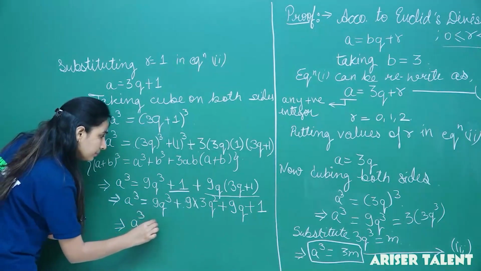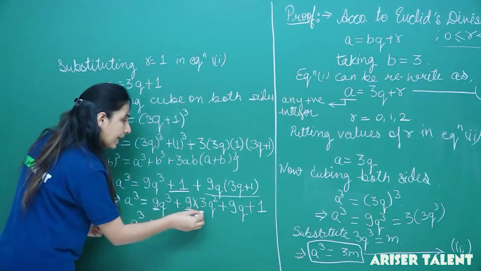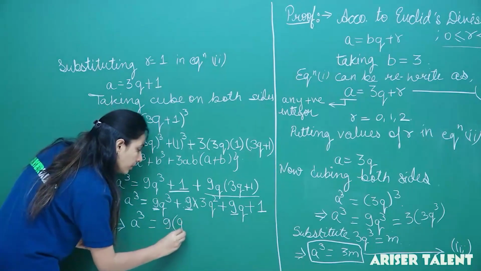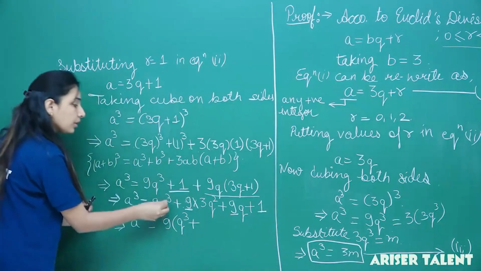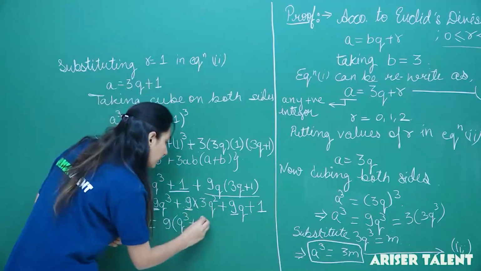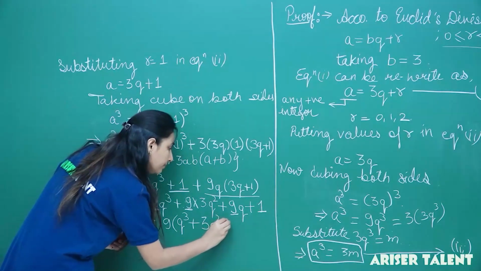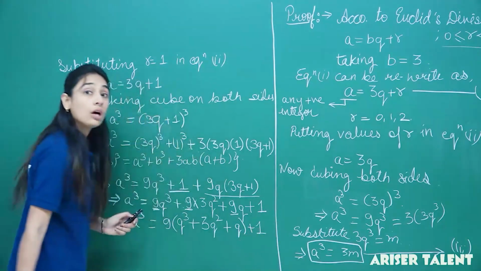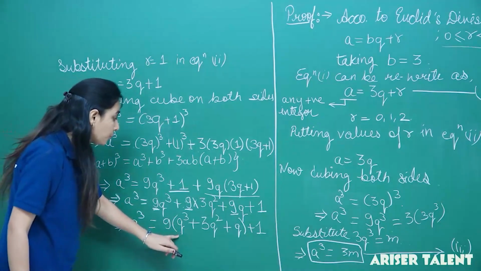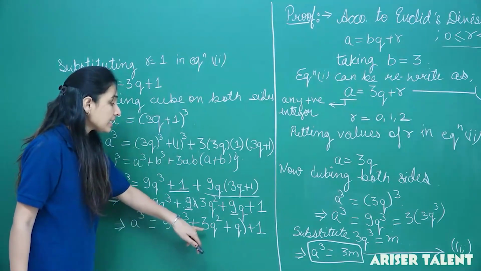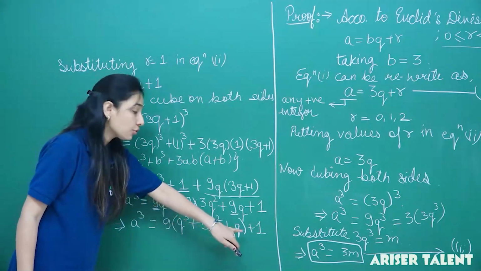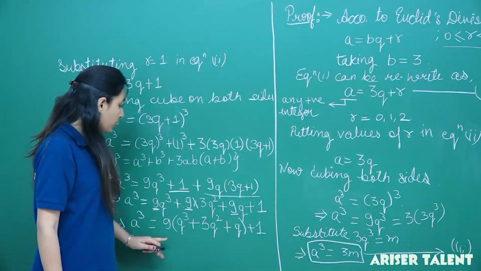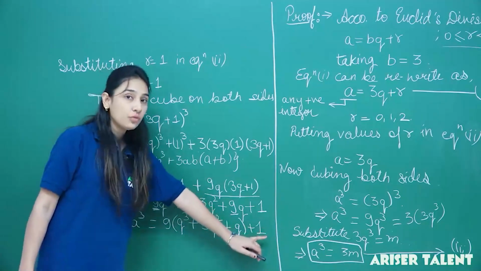Now, a cube will become, 9 is common here. So, taking 9 as common, 3q cube plus 3q square plus q plus 1. Now, look, if we substitute 3q cube plus 3q square plus q as m, then what will it become? a cube equals 9m plus 1.